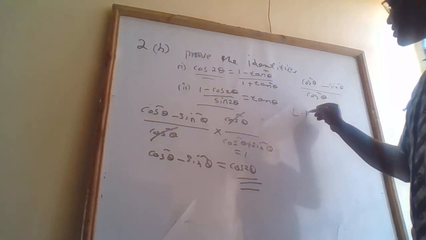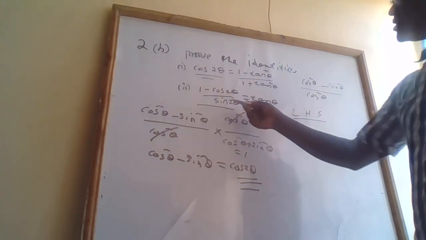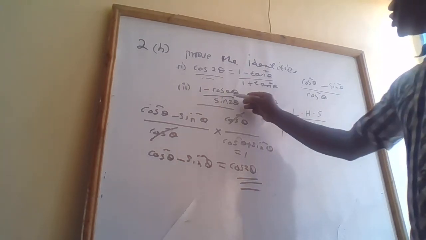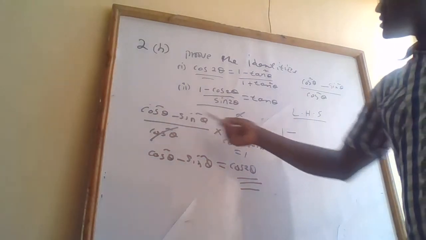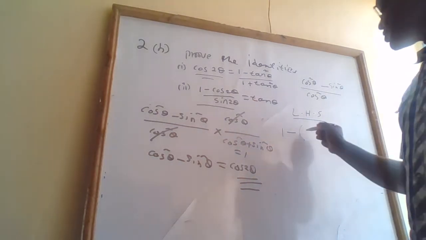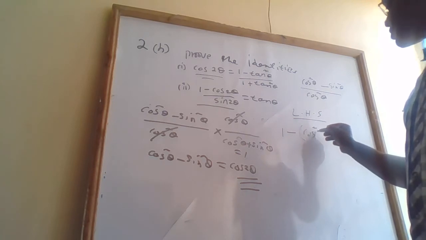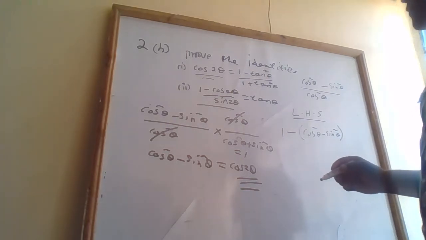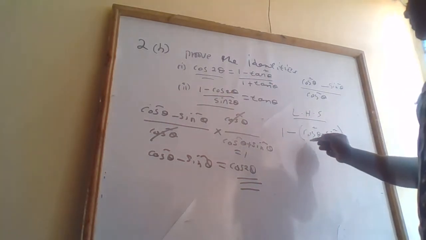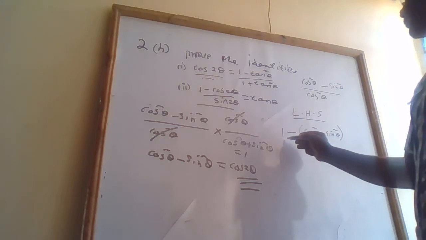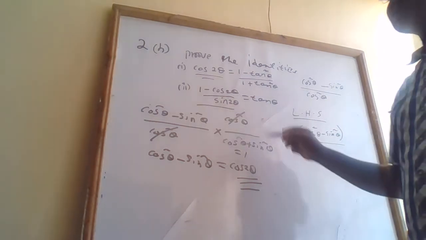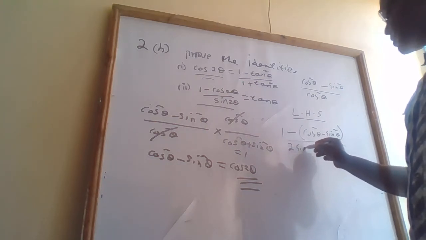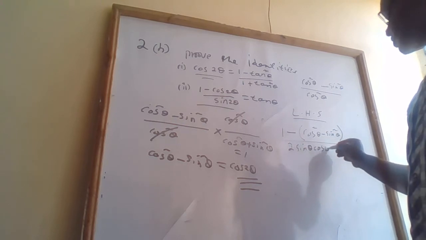We have 1 minus cos 2 theta, which can be written as cos theta squared minus sin theta squared, then all over sin 2 theta, which is the same as 2 sin theta cos theta.